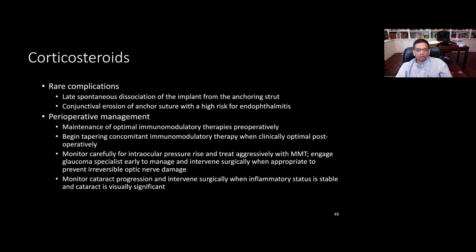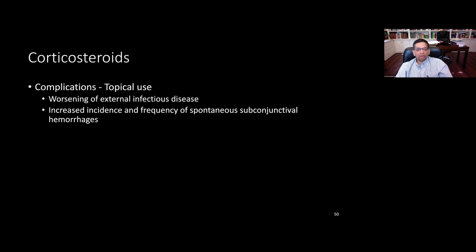Endophthalmitis is a potential risk because you're doing surgery, and conjunctival erosion of the anchor suture can occur with the Retisert implant. And, again, with Retisert implant, you have to start managing their immunomodulatory therapy and corticosteroids and start tapering them and get them off these agents relatively rapidly once you've done the Retisert implant placement.